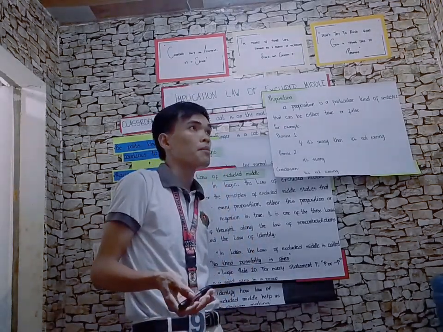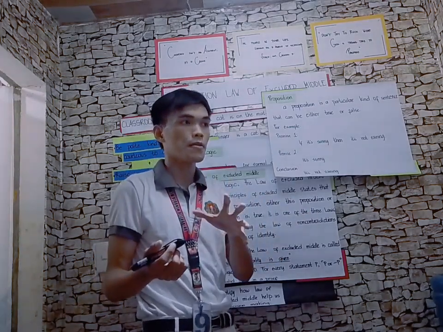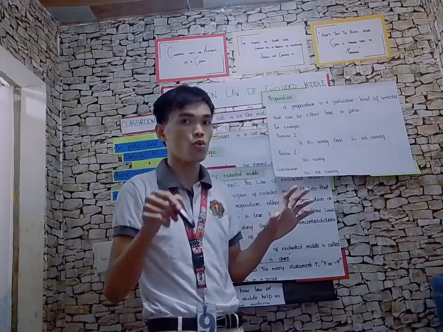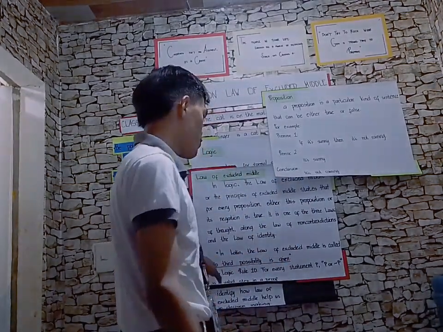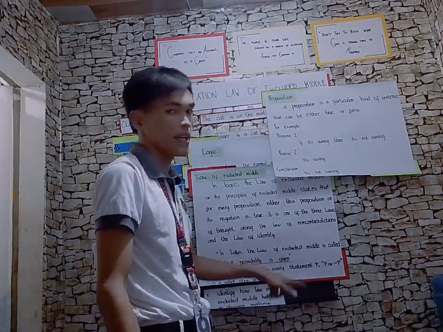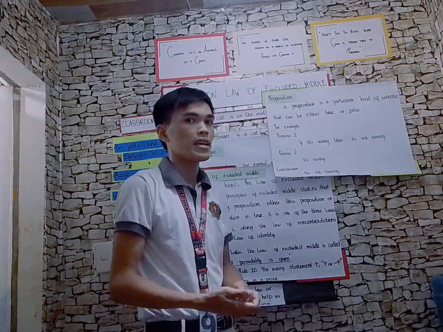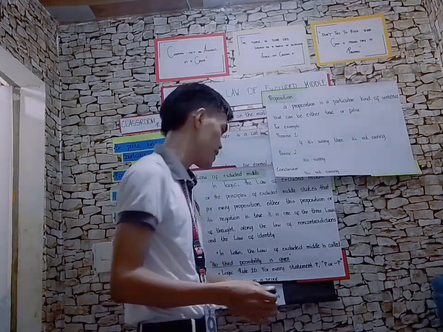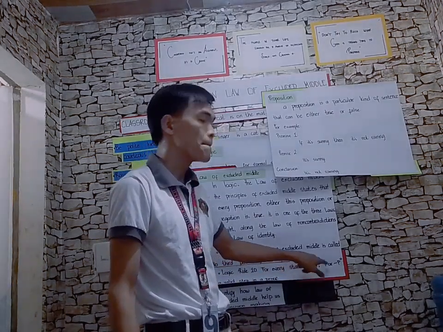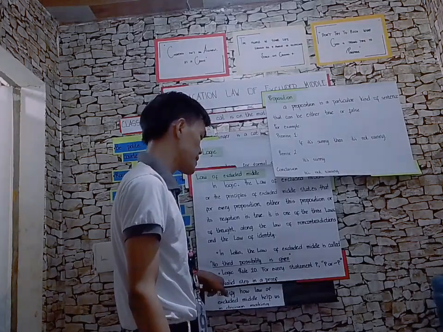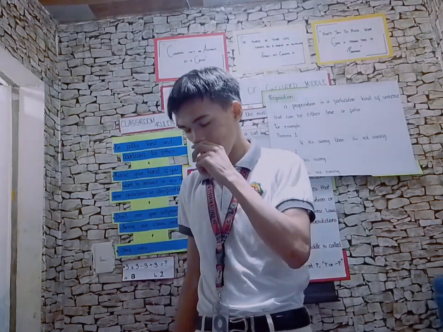You need to have evidence or proofs to conclude whether a particular statement is true or false. In Latin, the law of excluded middle is called no third possibility is given, which means there is no third possibility. Logic rule 10: for every statement, P or not P is a valid step in a proof.